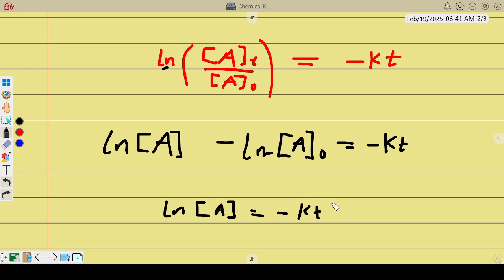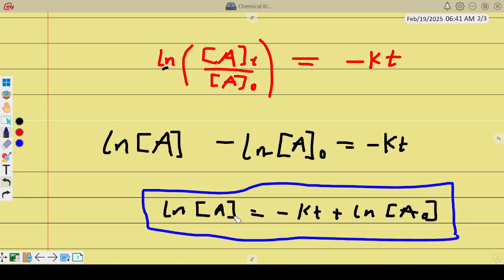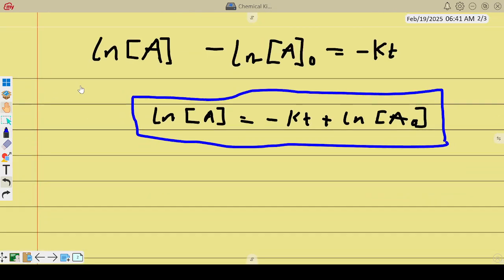So it will be equal to negative kt plus ln A initial. So finally, this is the first order integrated rate law. It's something that you should know. So we've derived it.